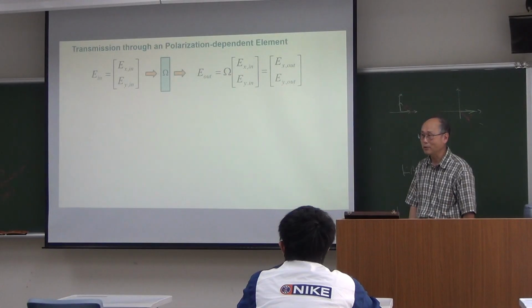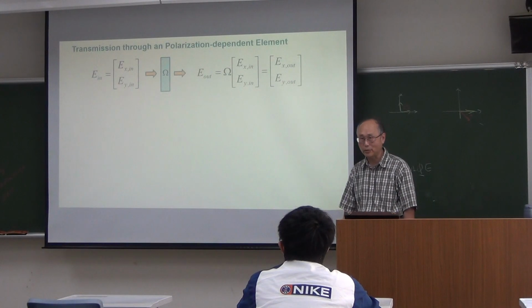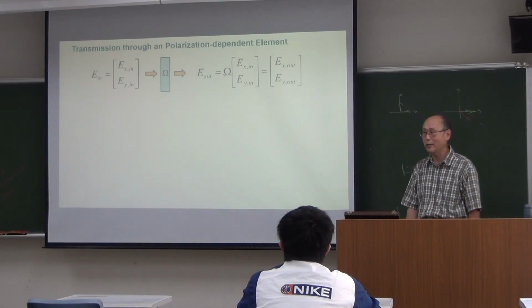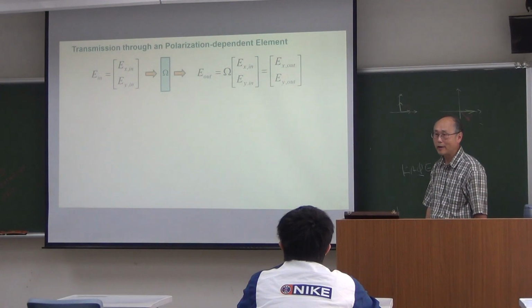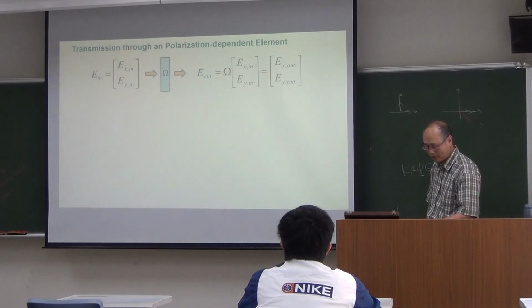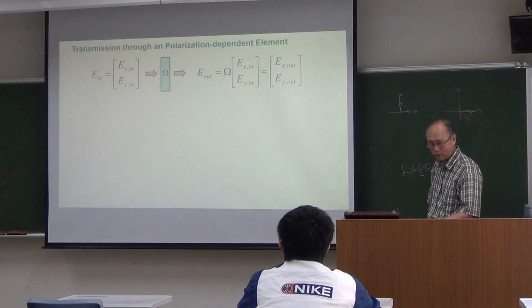This is very similar to the concept of the ABCD matrix. If we can do this calculation, then we can put everything into a computer and figure out the polarization state of light. This is the reason the Jones vector and Jones matrix are so useful.